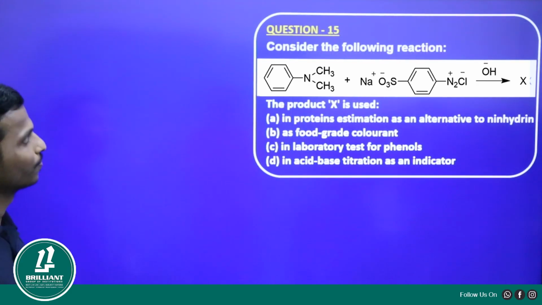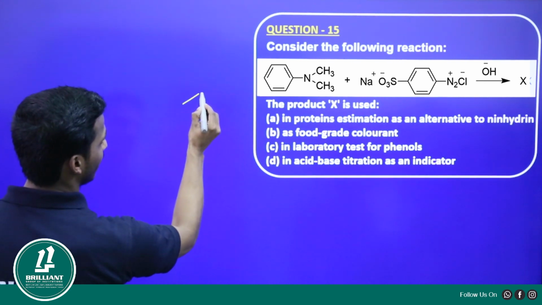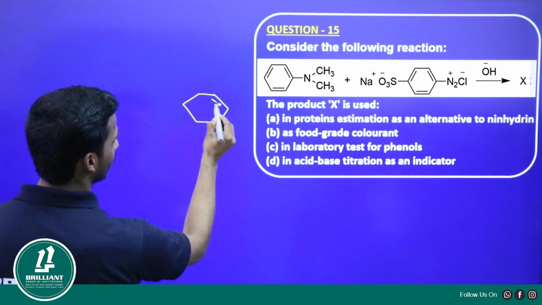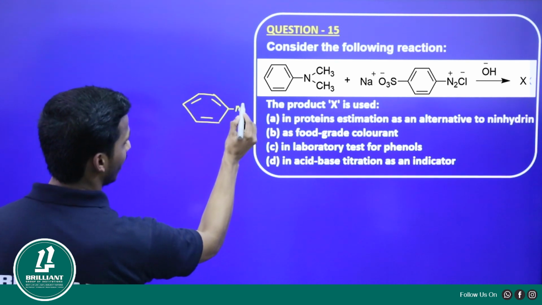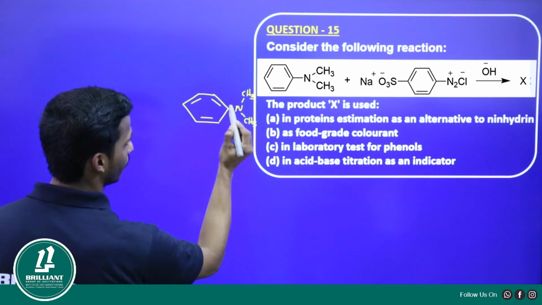Question number 15. Consider the following reaction. The first species is what, student? N,N-dimethyl aniline, right? So let me take the compound N,N-dimethyl aniline here, N(CH3)2. Okay?